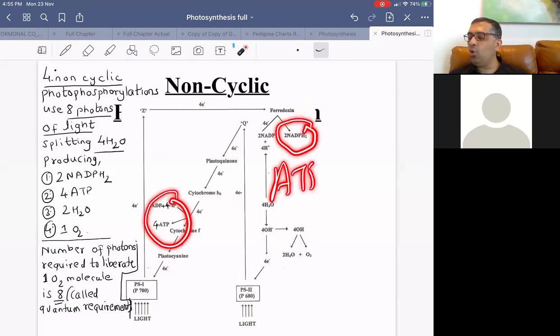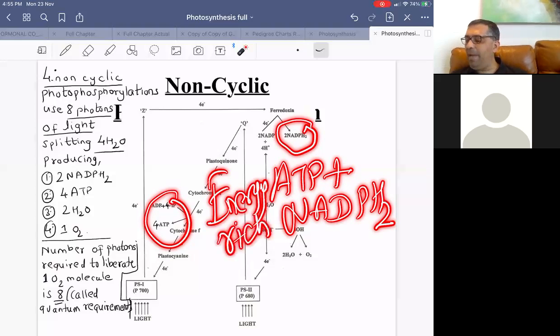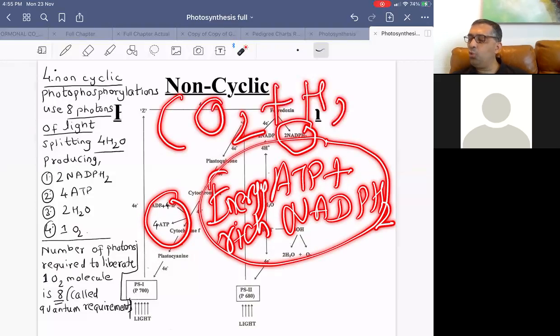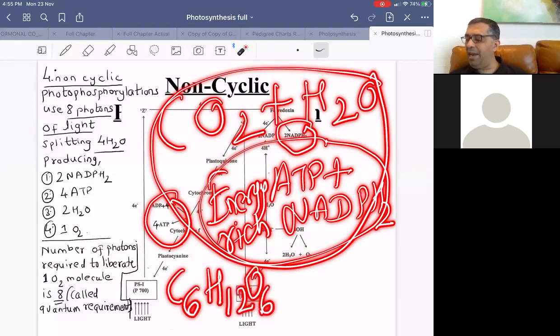This energy rich ATP and NADPH2 will combine with CO2 and H2O to form an energy rich molecule, C6H12O6, energy rich C6H12O6, and that process is called the dark reaction.